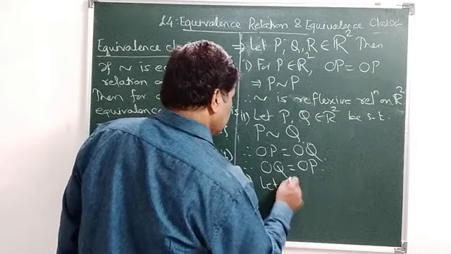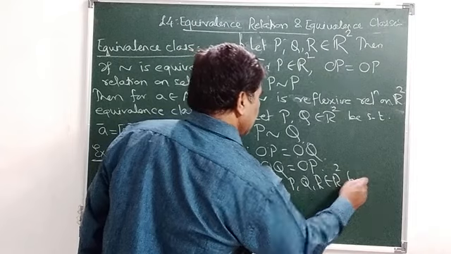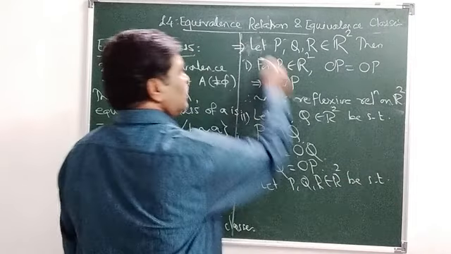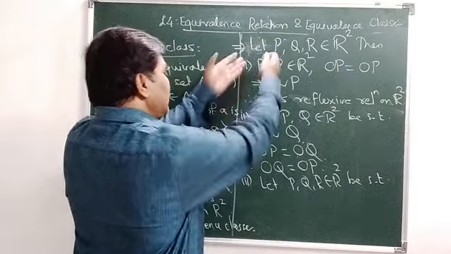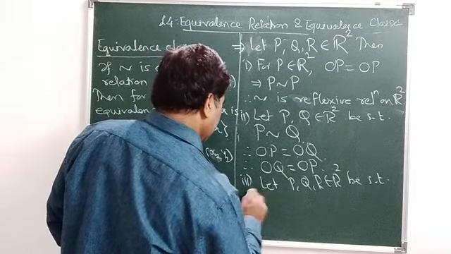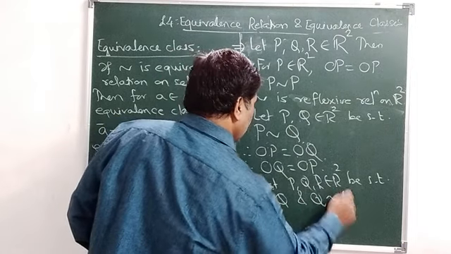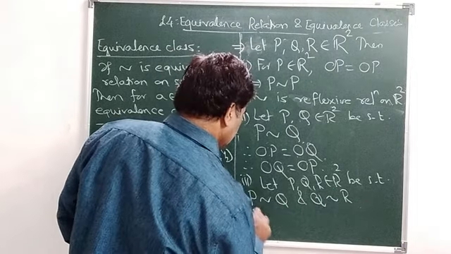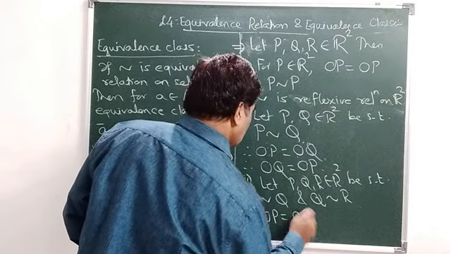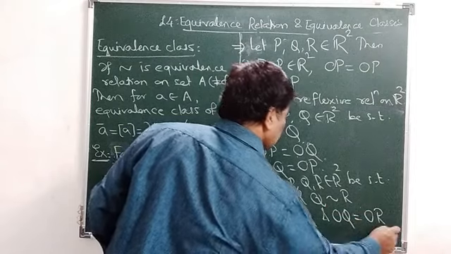Third, let P, Q, R belong to R2 be such that P is related to Q and Q is related to R. It is not necessary to write the 3 points again. What this implies is OP is equal to OQ and OQ is equal to OR.